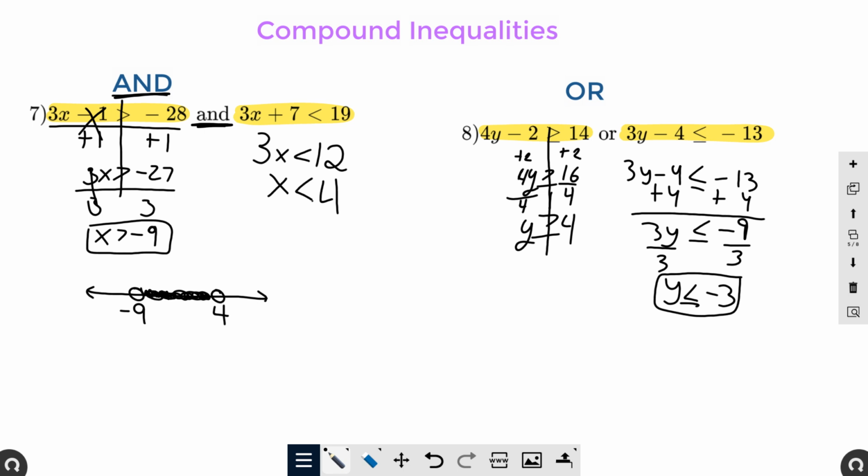Now, there are some special cases, but generally, if it's and, they're going to shade into each other. It's kind of like we want a number that is greater than negative 9 and less than 4 at the same time. So when you see and, it's these two occurring at the same time together. So it really just means any numbers between negative 9 and 4.